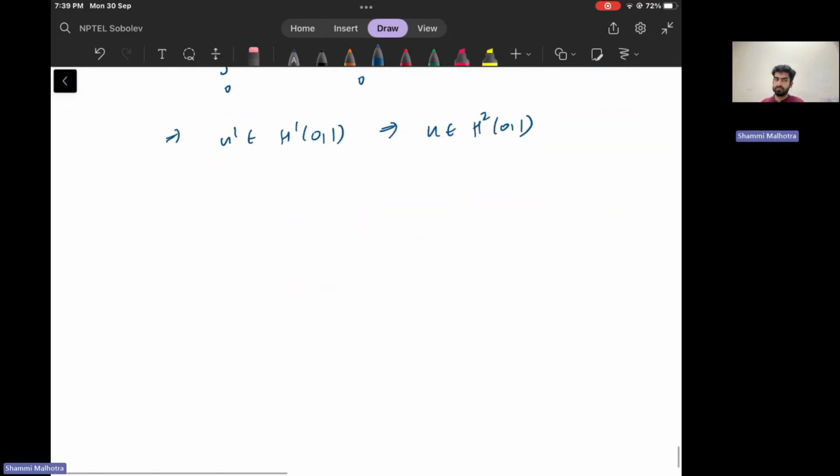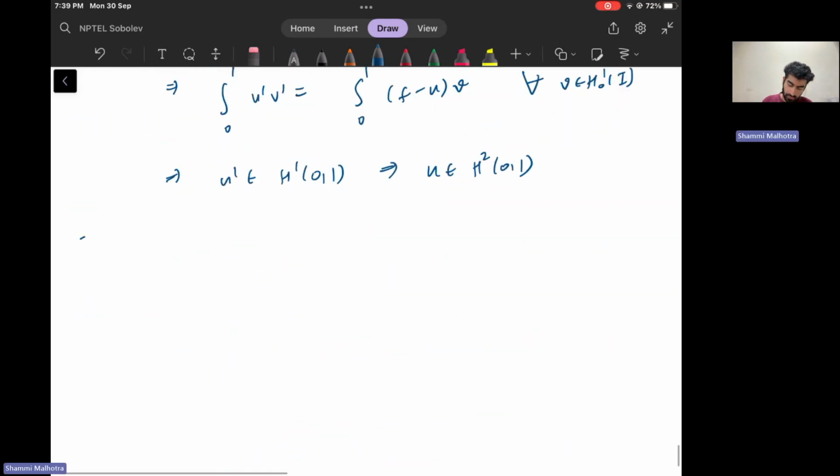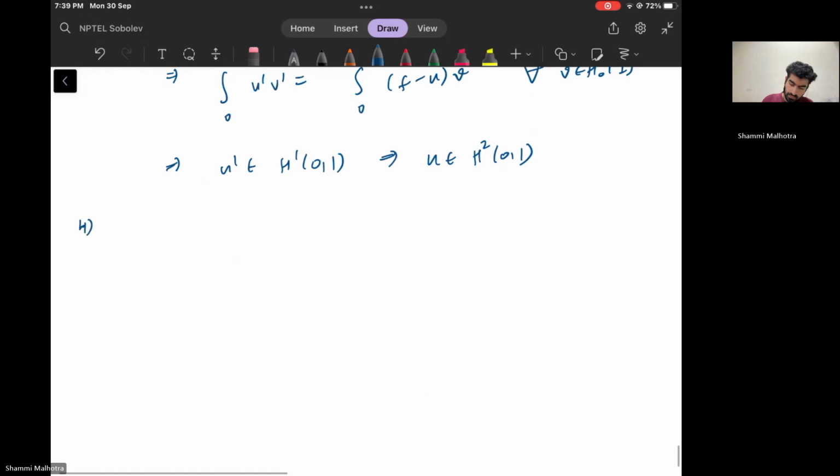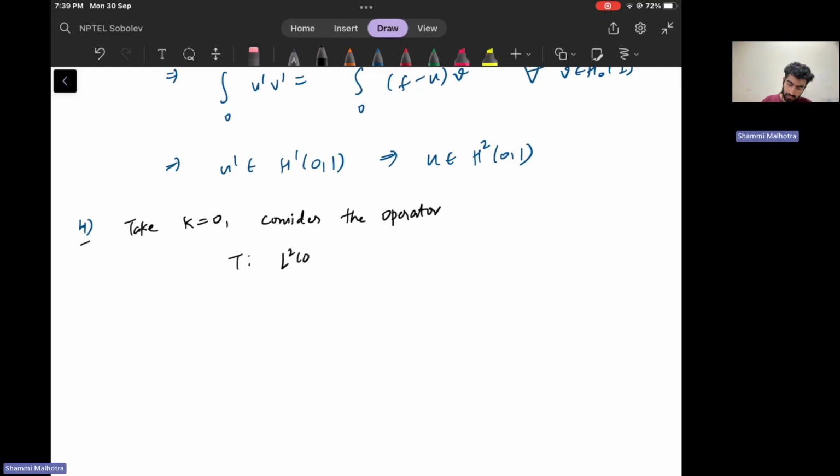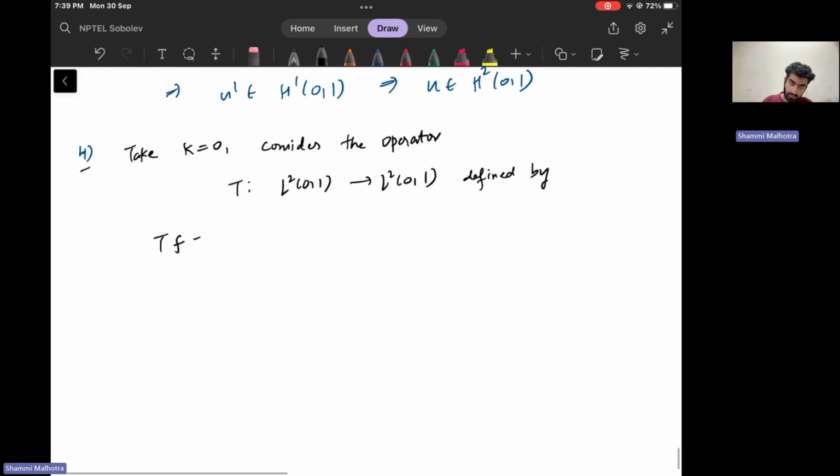Finally, part 4. So take k equal to 0. Consider the operator T from L^2(0,1) to L^2(0,1) defined by Tf equal to u.